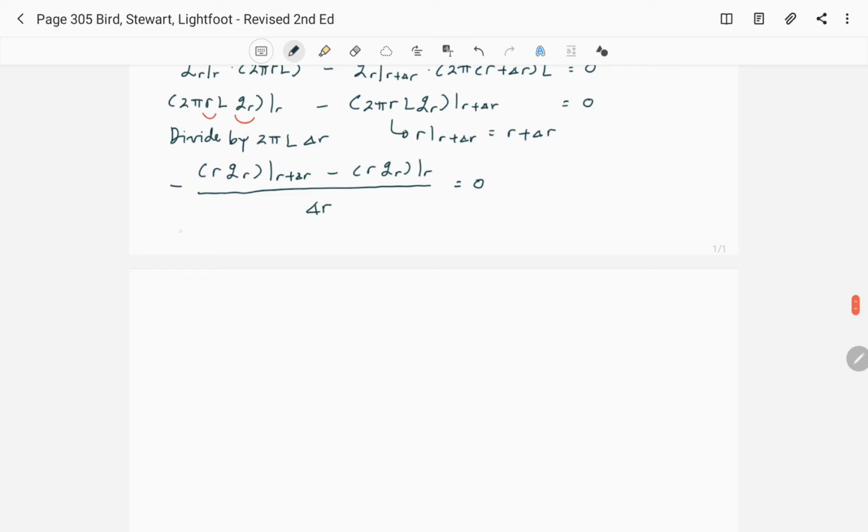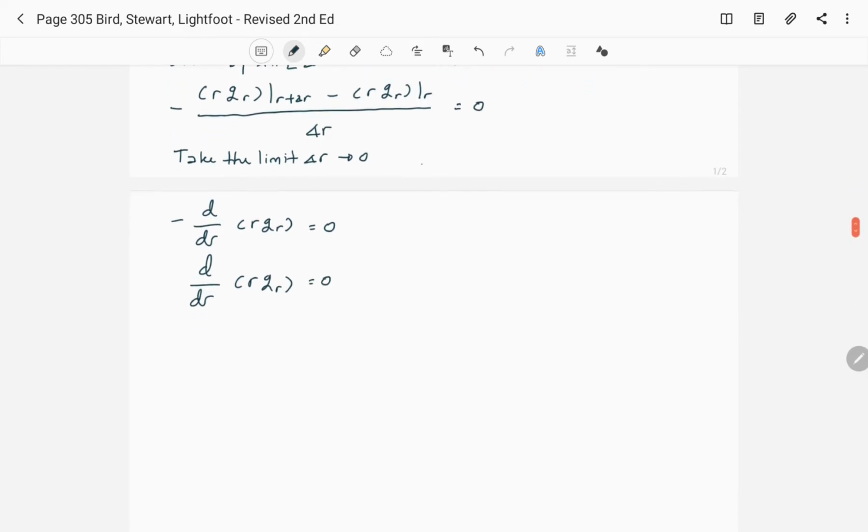And then we can take the limit of delta R approaching 0, then this will be minus d over dr of R q_r equal to 0, or this is d over dr of R q_r equal to 0.